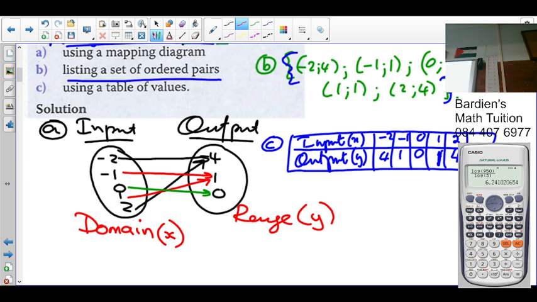So your input is your domain, and your output is your range. And of course your ordered pairs as well: all the x's are your domain, whilst all the y's are your range.